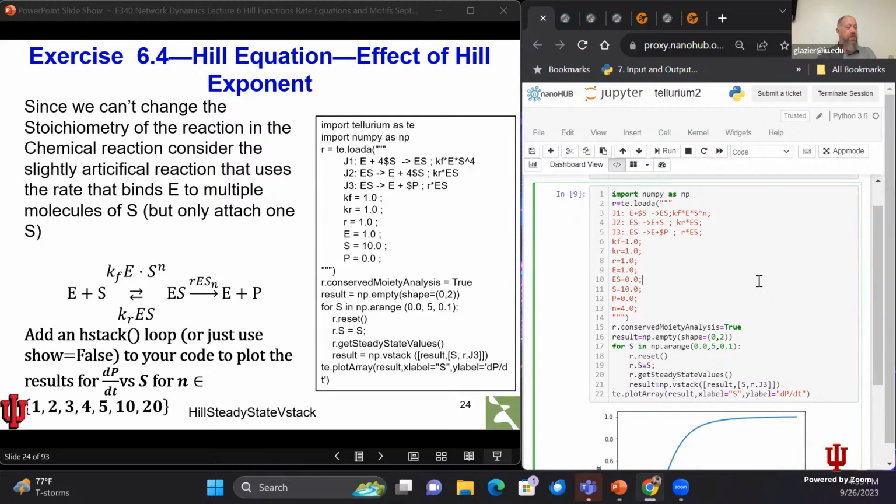And if you want to be fancy and have the colors of the lines be different or have a key, that would be fine too, if you remember how to do it. Is that clear what you want to do? I've suggested you could use an hstack loop like the one we used before, but you don't need to. You could just use show equals false, show equals true in your display if you prefer.